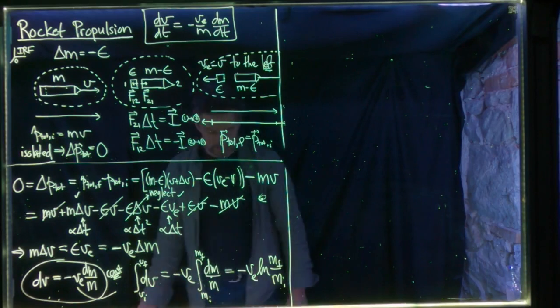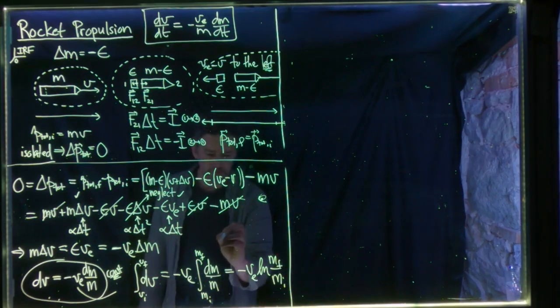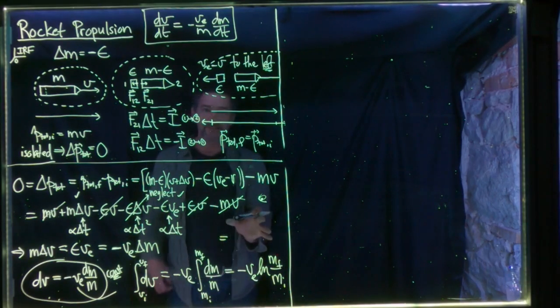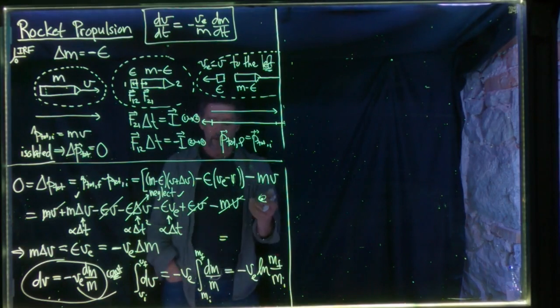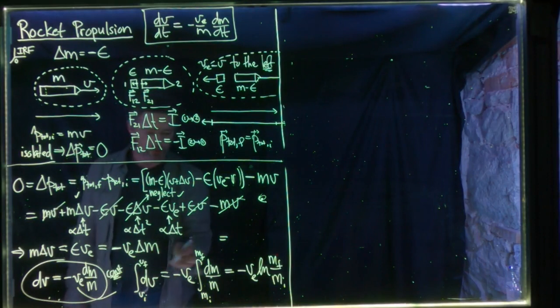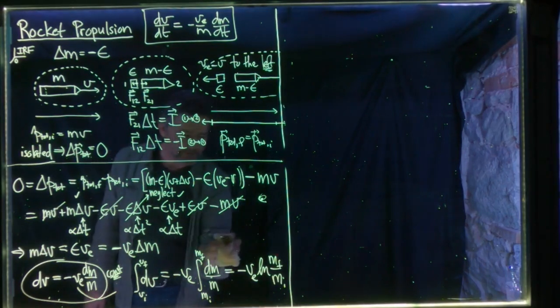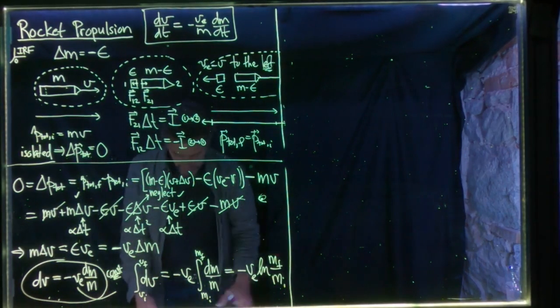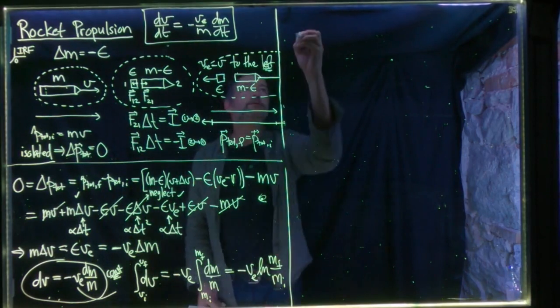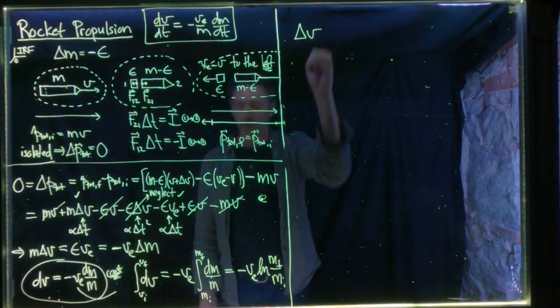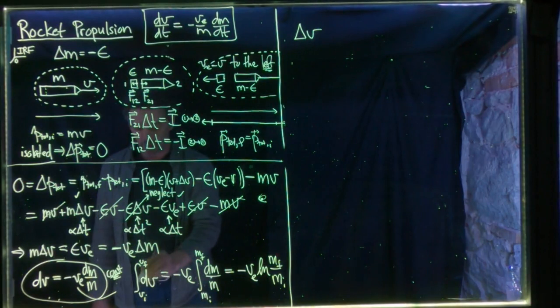And so one final step here, in this little bit of space left, is to say, well, on the left-hand side of this equation, we have the integral of dv.